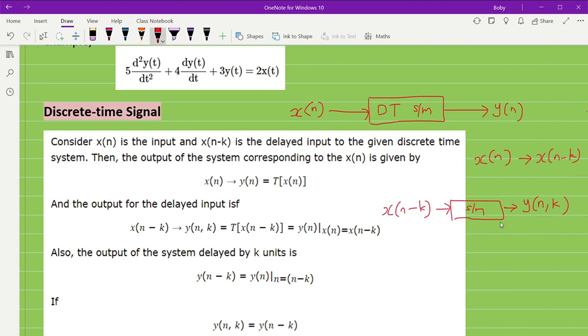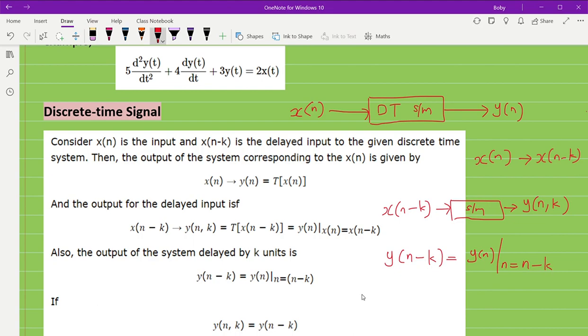Similarly, consider the output of the system delayed by k units, that is y of n minus k. y of n minus k is y of n for all n changed to n minus k.